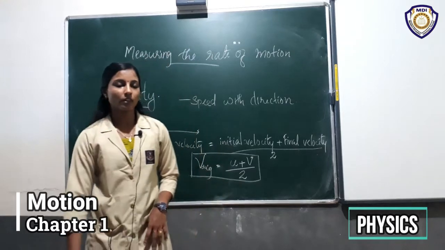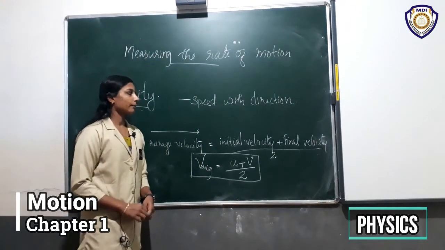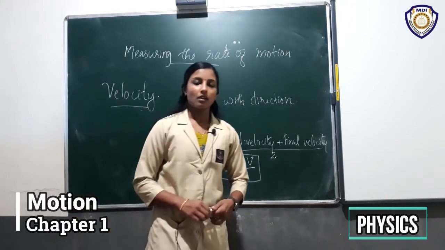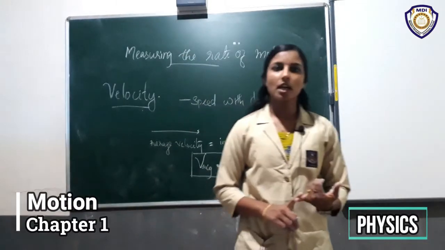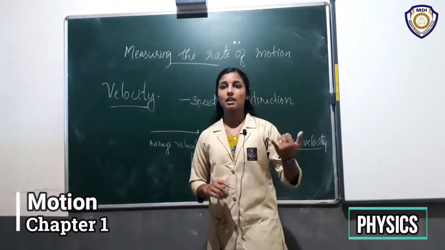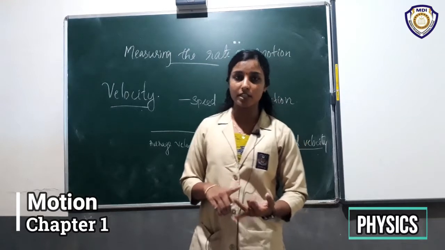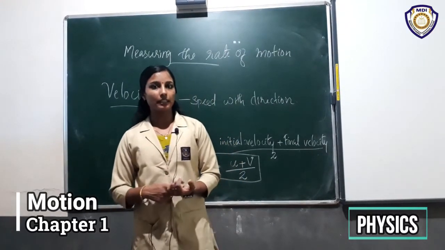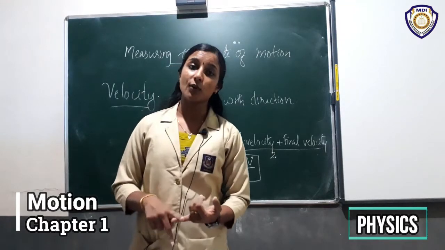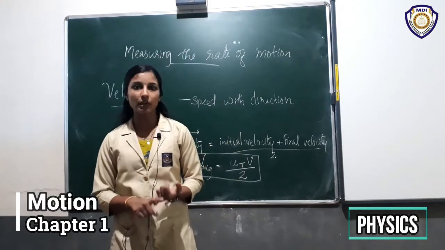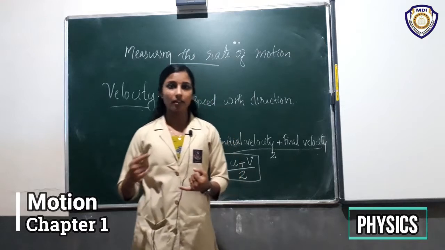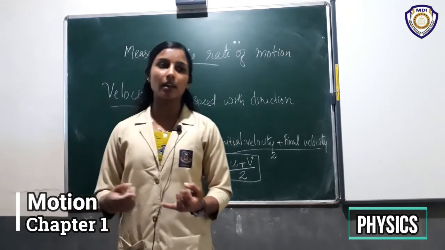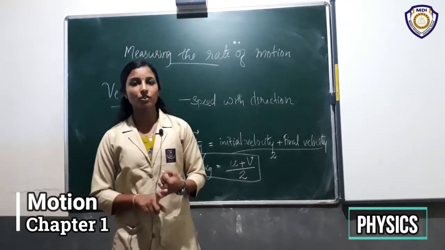So what have we discussed today? What is the speed of an object and how we express its speed as average speed. These are the tools for measuring the rate of motion of an object, right? And what will be the other tool for measuring the rate of motion?